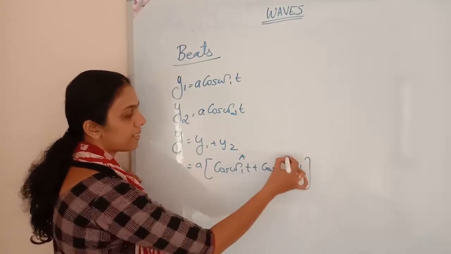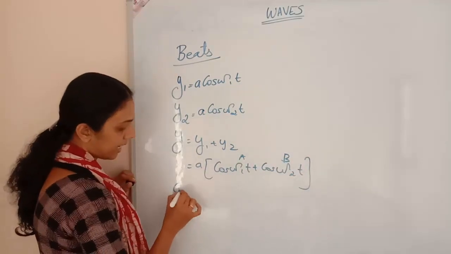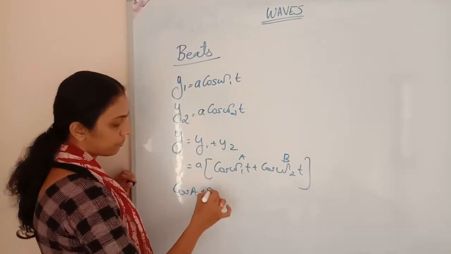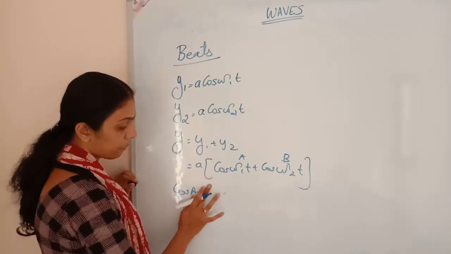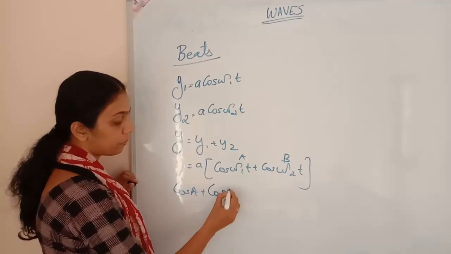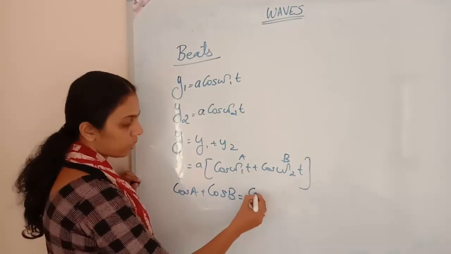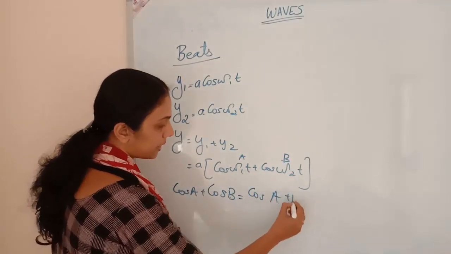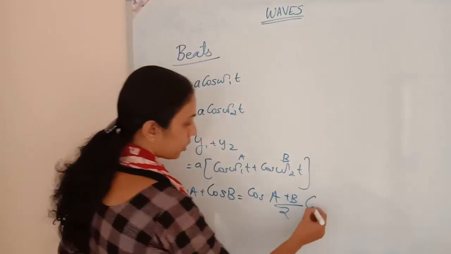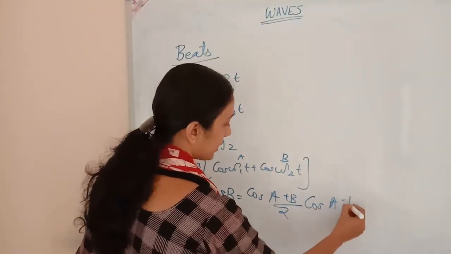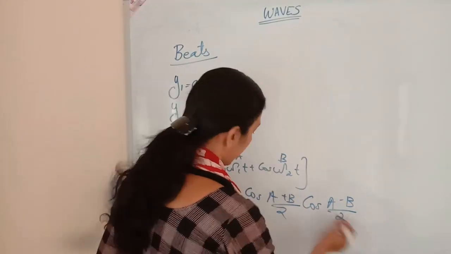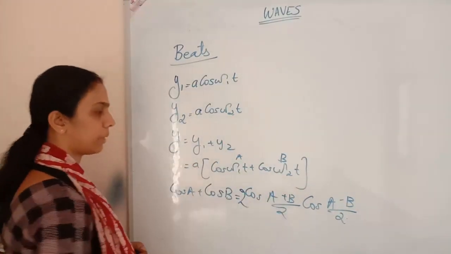Cos A plus cos B, what is cos A plus cos B? Cos A plus cos B equals 2 cos of (A plus B) by 2 into cos of (A minus B) by 2.